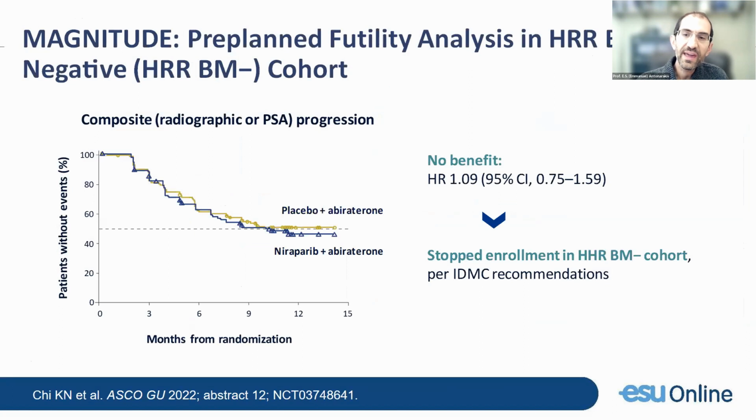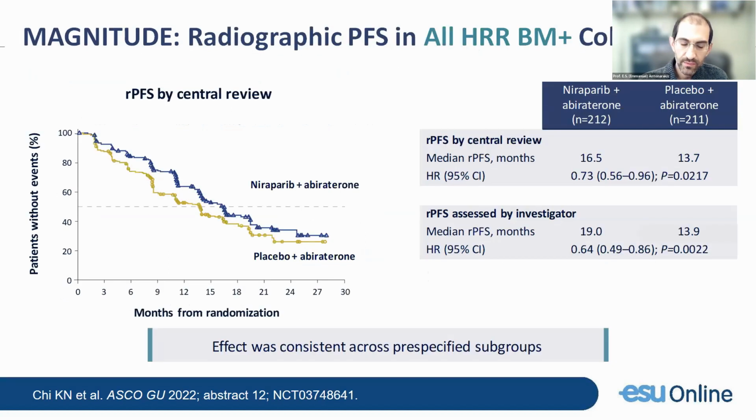The biomarker negative subset was not significant, and this cohort was closed early after an interim analysis for futility. And the biomarker positive population did show a progression-free survival advantage. It was relatively modest, but statistically significant.